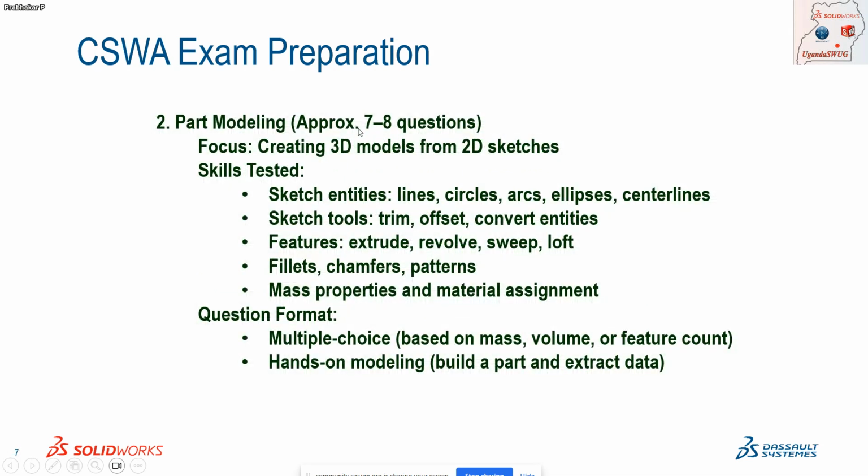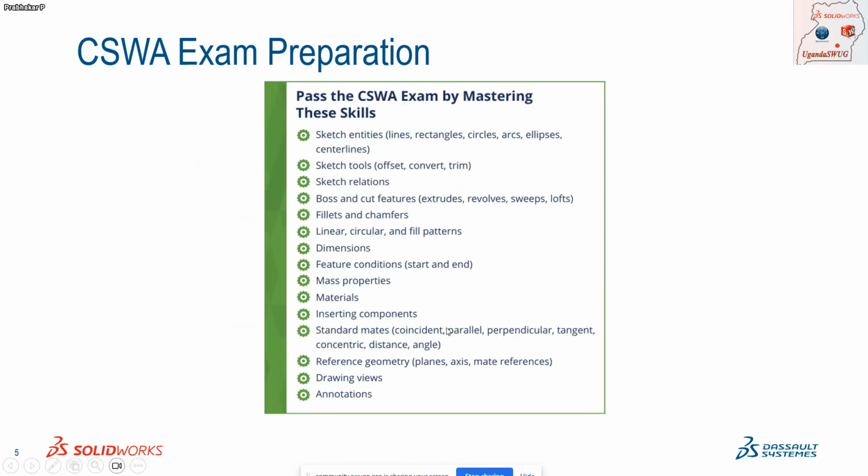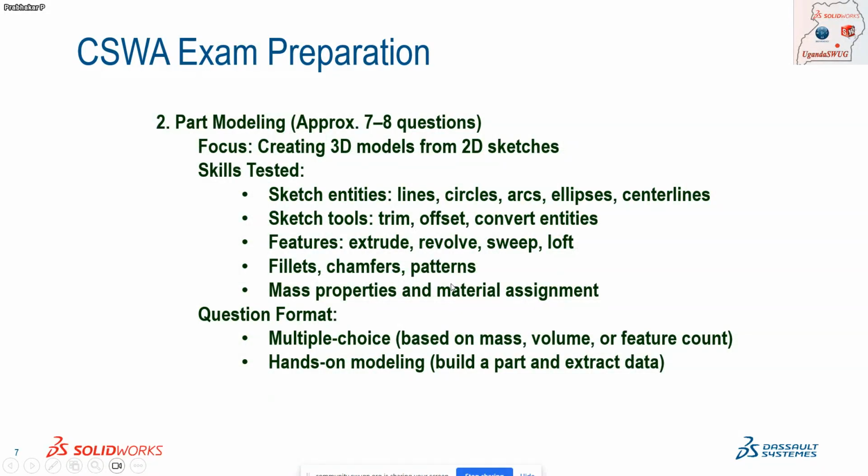Then 7 to 8 questions will be completely on part modeling. You have to create 3D models from 2D sketches, where you will be tested with lines, circles, or ellipses, and center lines, and sketch tools like trim, offset, and convert entities. Then feature tools like extrude, revolve, sweep, and loft, which we have seen in this slide. The same thing is repeated here, so I will skip.